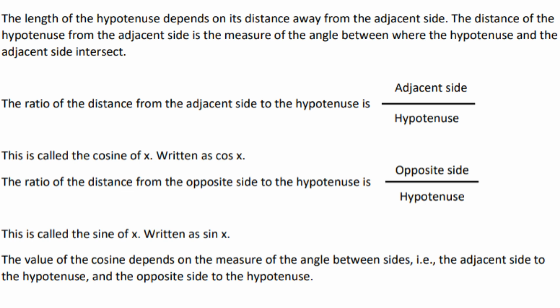This is called the cosine of x, written as cos x. The ratio of the distance from the opposite side to the hypotenuse is opposite side over hypotenuse. This is called the sine of x, written as sin x. The value of the cosine depends on the measure of the angle between sides, i.e., the adjacent side to the hypotenuse and the opposite side to the hypotenuse.